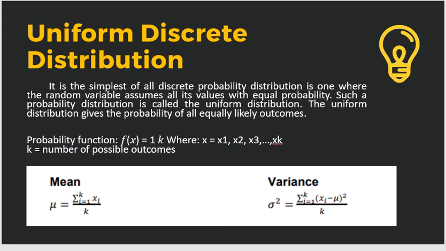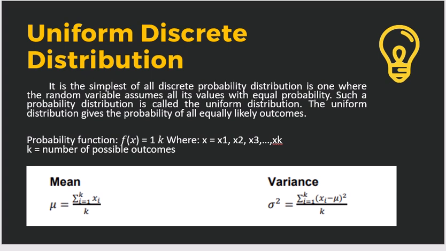The uniform discrete distribution is the simplest of the discrete probability distributions, one where the random variable assumes all its values with equal probability. Such a probability distribution is called the uniform distribution. The uniform distribution gives the probability of equally likely outcomes.